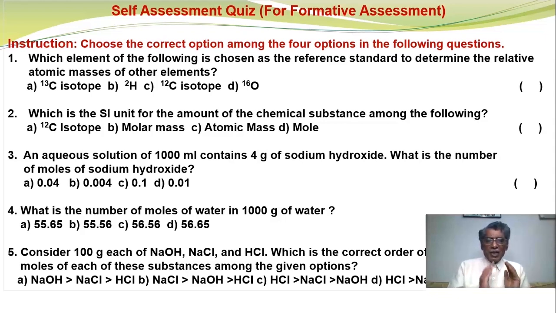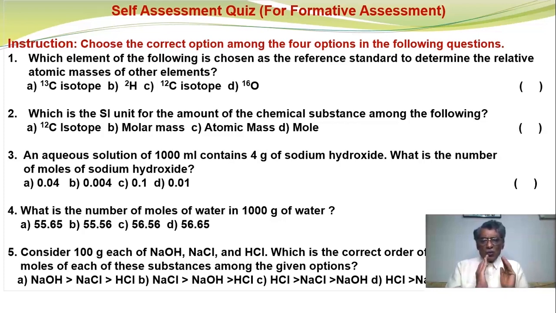Question 3. An aqueous solution of 1000 ml contains 4 grams of sodium hydroxide. What is the number of moles of sodium hydroxide? Option A, 0.04. Option B, 0.004. Option C, 0.1. Option D, 0.01.